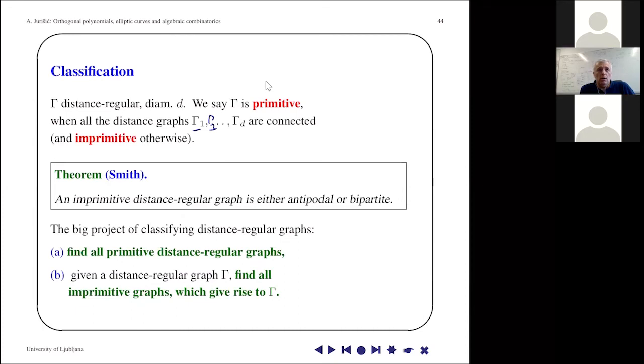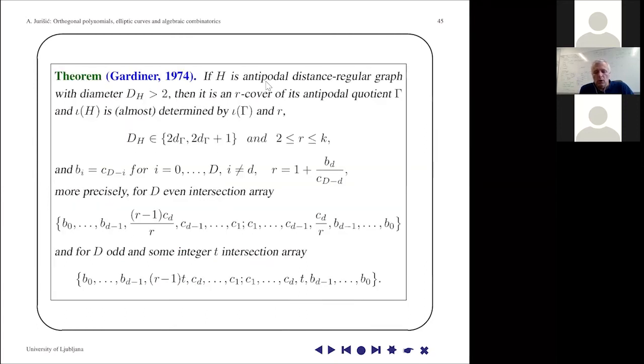So it turns out that if the graph is imprimitive in the distance regular case, then it has to be either bipartite or antipodal, or actually both. This is Smith's theorem, and basically this is the idea why we try to determine the primitive graphs and the antipodal covers, to kind of solve this classification.